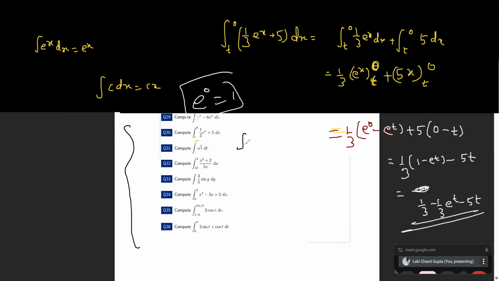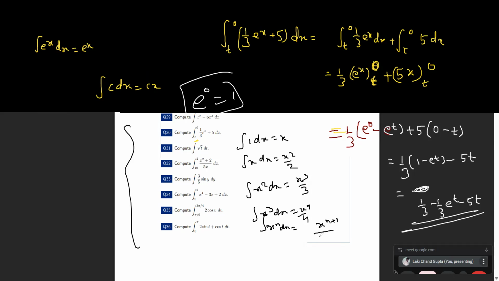Basic formulas are what? Integration of 1 is x, integration of x is x square over 2, integration of x square is what? X cube over 3. Integration of x cube is what? X raised to 4 over 4. In general, x raised to n is what? X raised to the power n plus 1 over n plus 1.